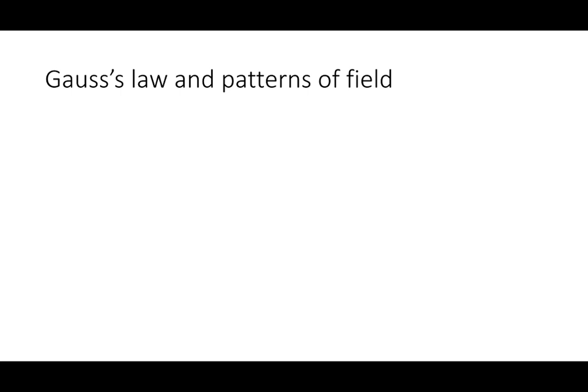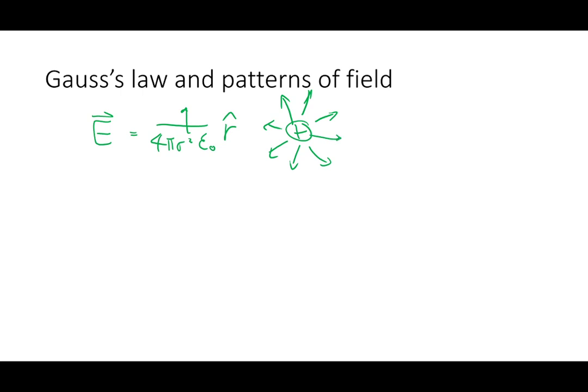So a quick reminder of what Gauss's law was and what motivated it. If you look at Coulomb's law, it can be written as Q over 4 pi r squared epsilon naught, r hat. So you have a point charge, and for a point that's r away from the point charge, you notice that there's this term here with the surface area of a sphere.